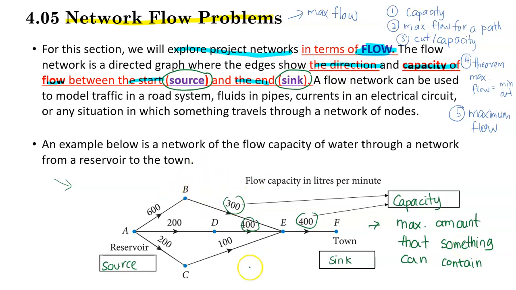That means here BE is only able to carry 400 liters per minute. The maximum is 400 per minute. BE cannot go more than that. So that is what is meant by capacity. In this first point, you need to learn what a capacity is. Remember the definition of capacity: the maximum amount that something can contain.